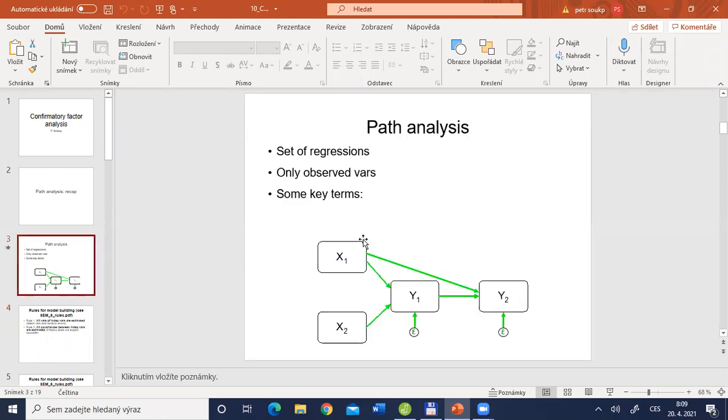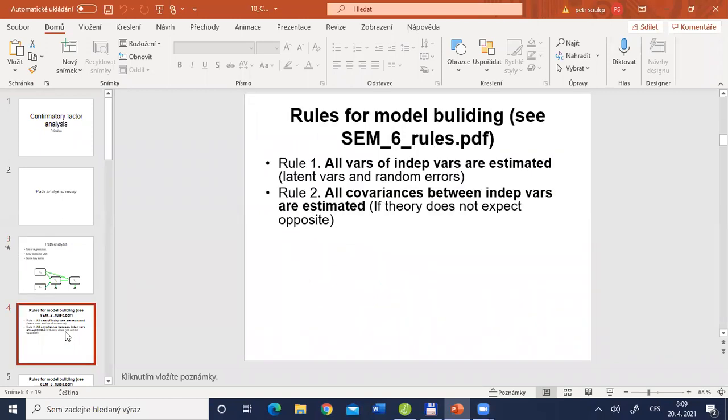So for this picture, I would estimate the variance for x1, x2, for the first random error and for the second random error. So four variances will be estimated for this model. So this is the result of the first rule for structural equation modeling.